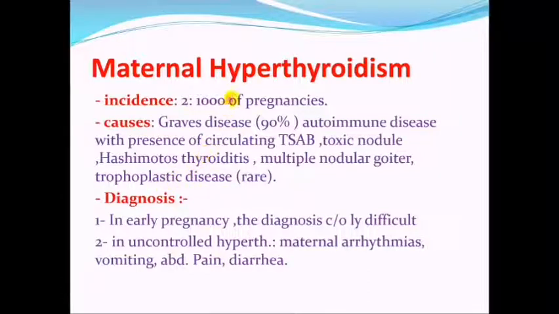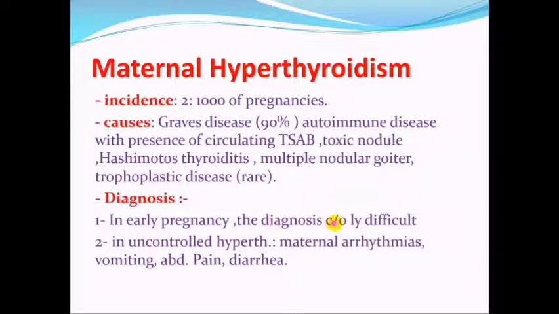The diagnosis of maternal hyperthyroidism is very difficult in early pregnancy, depending on a clinical basis. Why? Because the symptoms of hyperthyroidism, which are palpitation, intolerance to heat or hot weather, are similar to those of pregnancy itself.